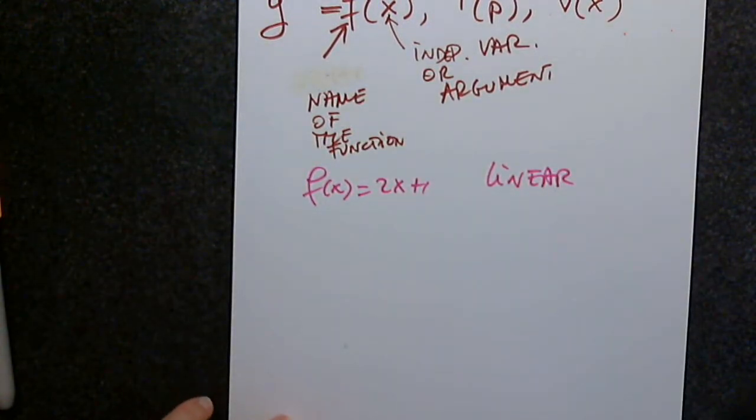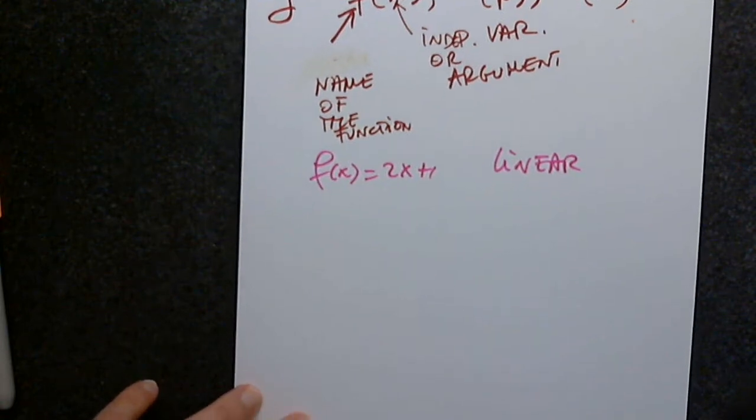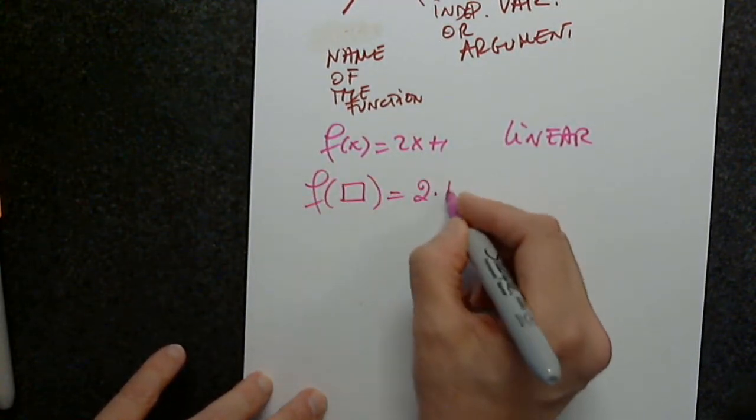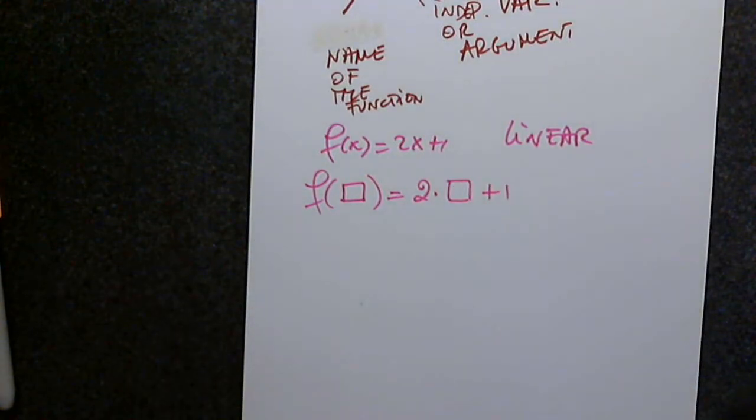So when you give me this function, I would like you to understand and hopefully see what I see. I see what the function is telling me. The function doesn't say f of x equals 2x plus 1.